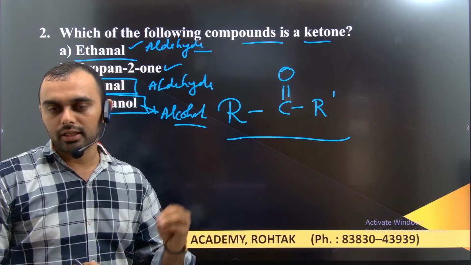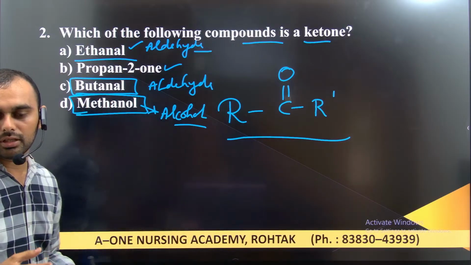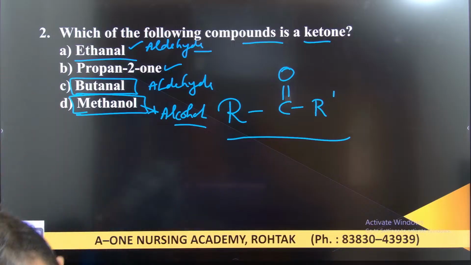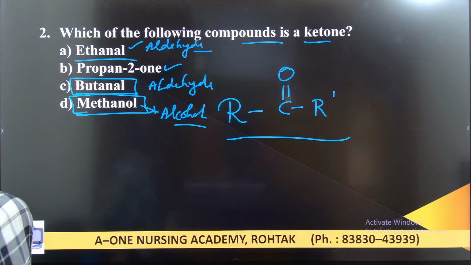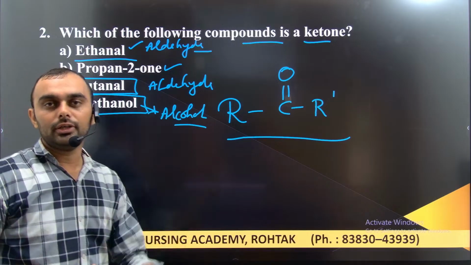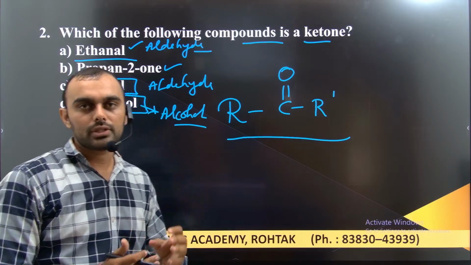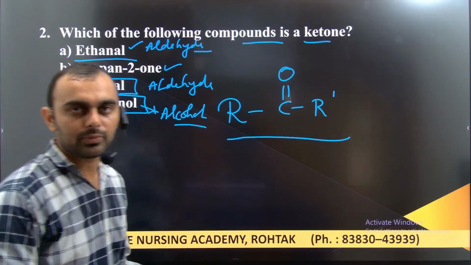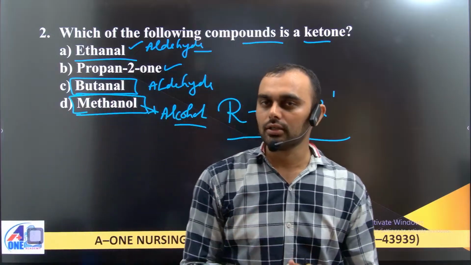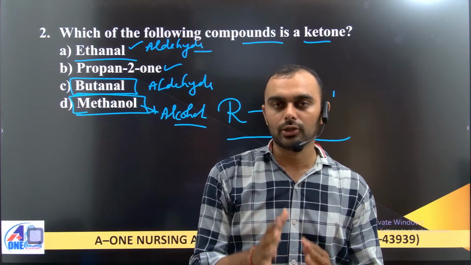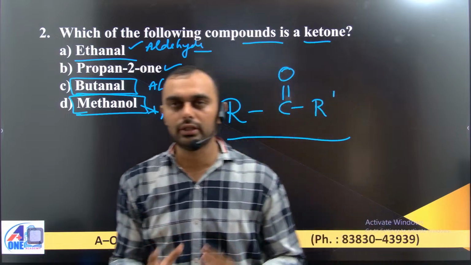While we are naming a ketone, we don't need to mention the position in the case of propane, because a ketone starts from only the third carbon. So the smallest ketone carries only 3 carbons.